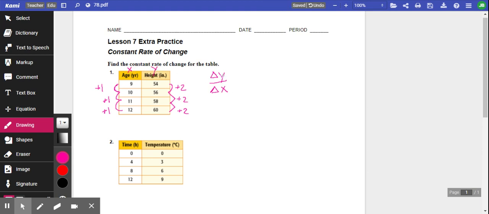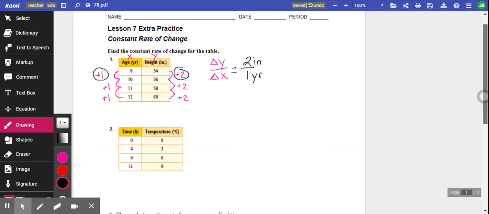So we take the number that is the change for y, which is 2, and place it over the value that's the change for x, which in this case is 1. So our constant rate of change is 2 over 1, or if we use our labels, 2 inches for every year, or 2 inches per year.